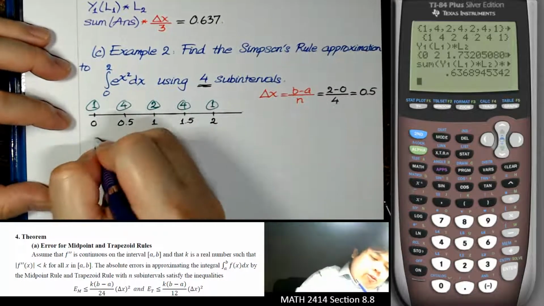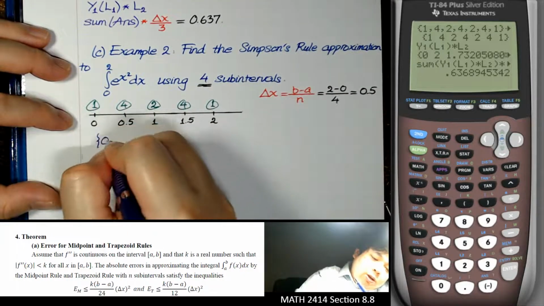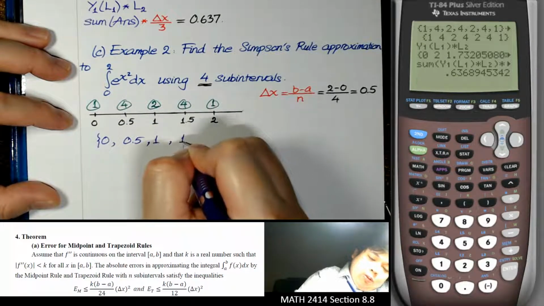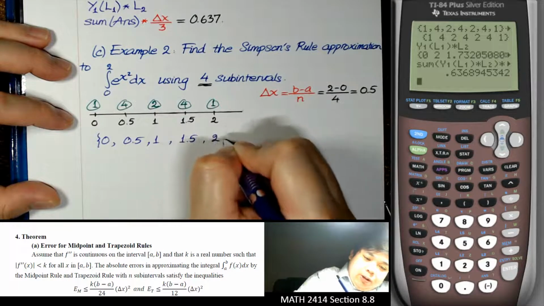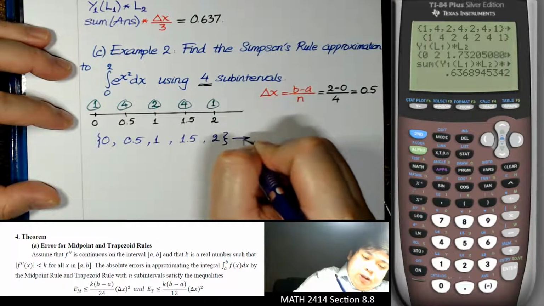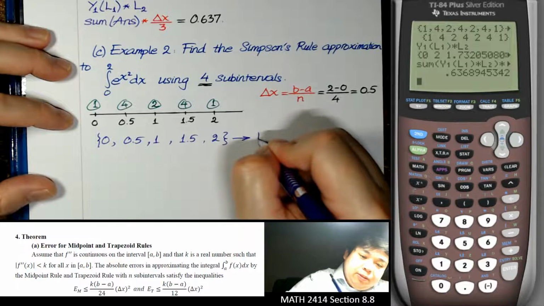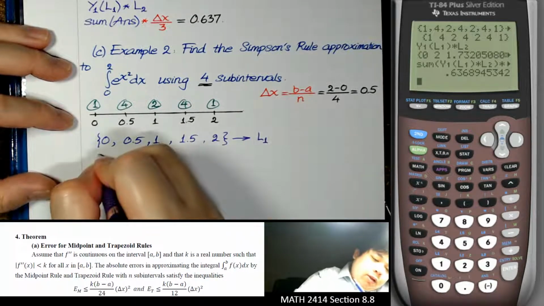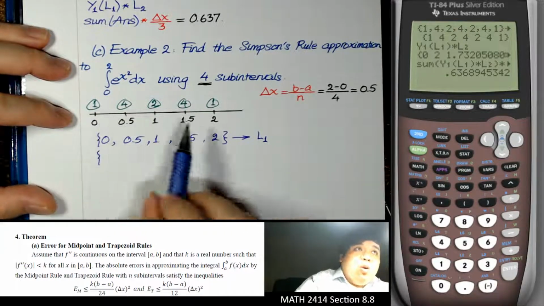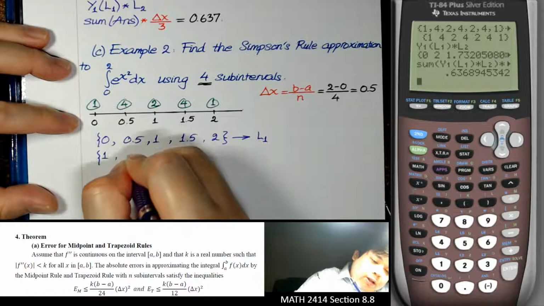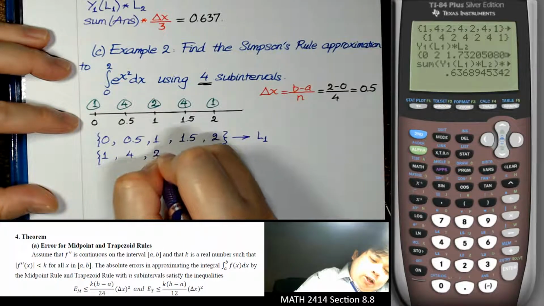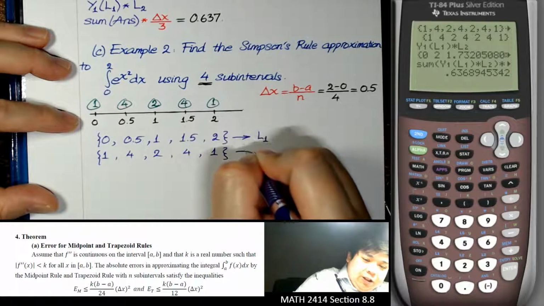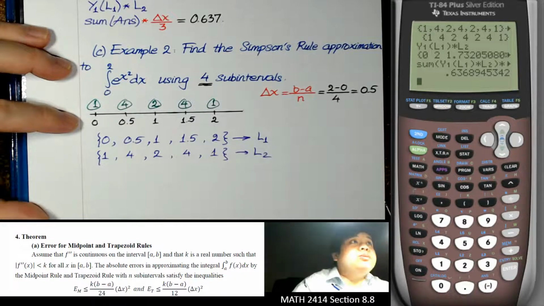So pretty much we store 0, 0.5, 1, 1.5, 2, store until this one. And then the coefficients 1, 4, 2, 4, 1, store to list 2.